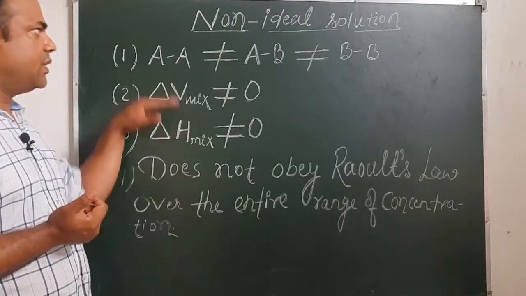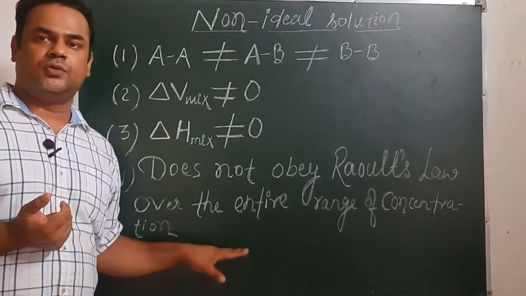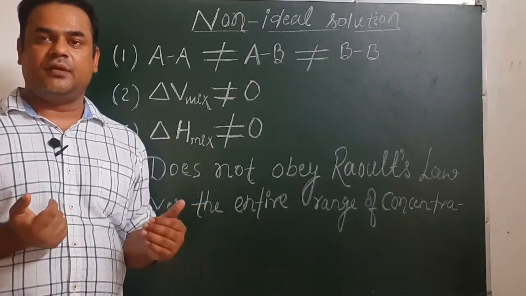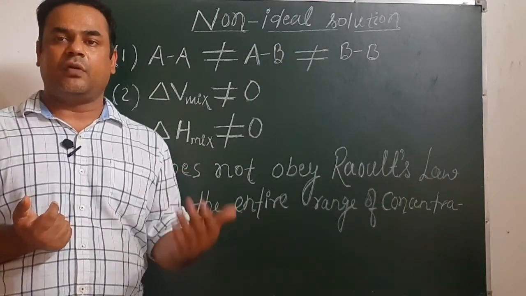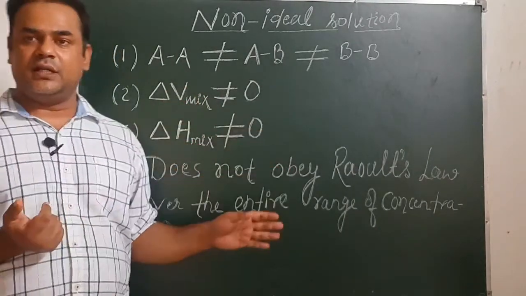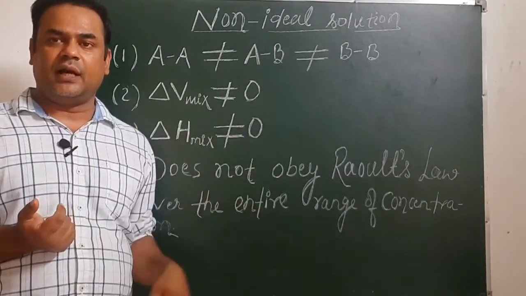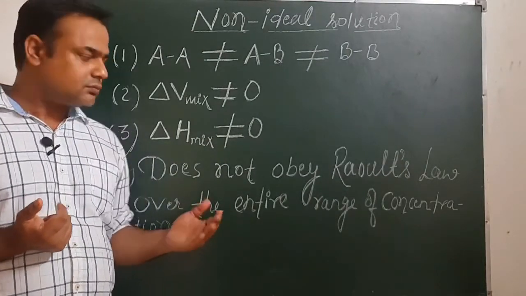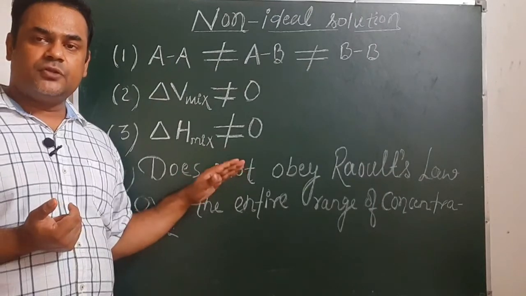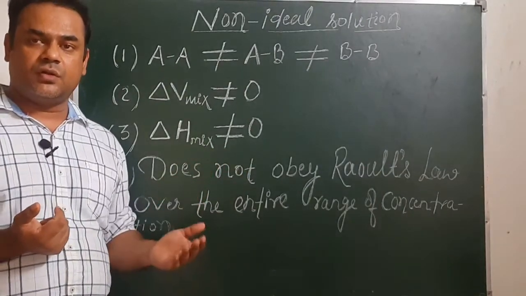These are the properties of non-ideal solutions. If it is not following Raoult's law, we say the solution deviates from Raoult's law. Yesterday I plotted a graph and discussed everything about it.